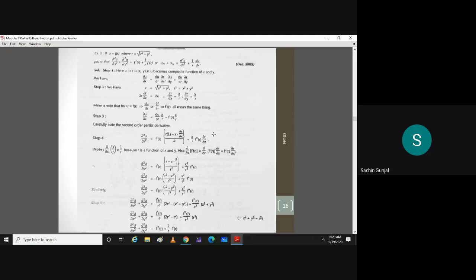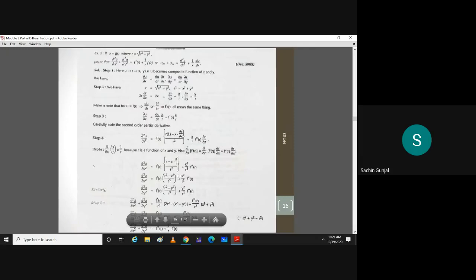If you simplify this, ∂²u/∂x² is equal to f'(r) times r minus x into ∂r/∂x, which is x/r, as we just saw. So x into x/r upon r squared, plus ∂r/∂x is x/r, so this becomes x²/r² into f''(r). Simplifying, ∂²u/∂x² becomes f'(r) into bracket r² minus x², with r coming in the denominator as r cubed, plus x²/r² f''(r).